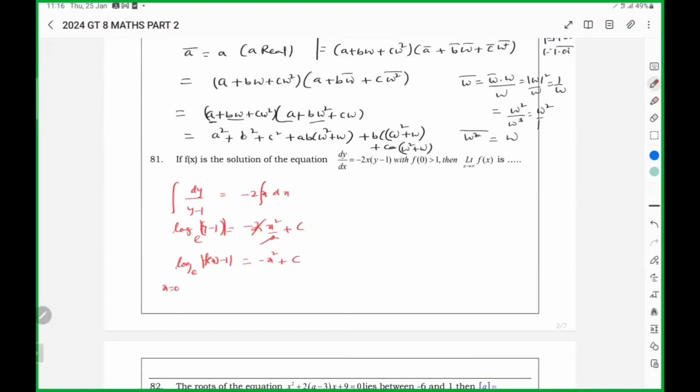Put x as 0, mod f(0) minus 1 will be f(0) minus 1, since he has given that f(0) minus 1 is positive. Then it becomes log e of f(x) minus 1 is equal to minus x square plus c.